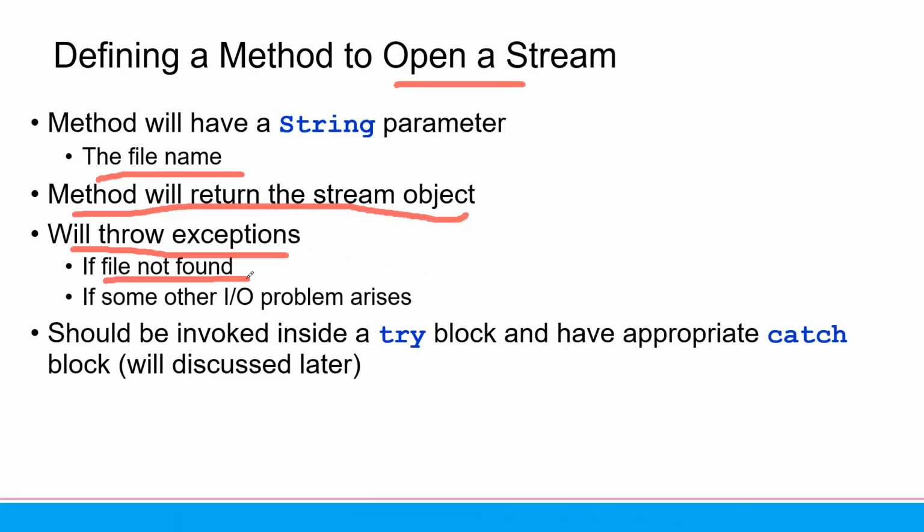And if some other input output problem arises, it depends on the file. It should be invoked inside a try block and have an appropriate catch block. Okay, I will discuss it later.